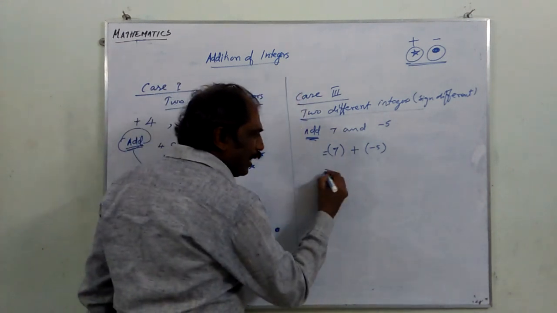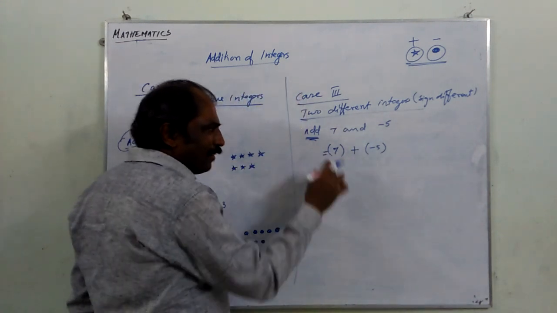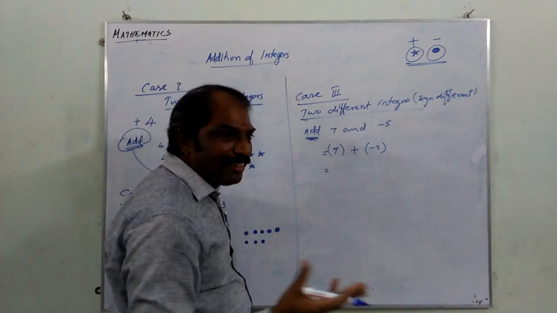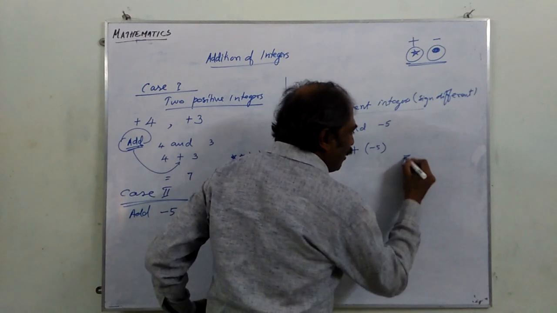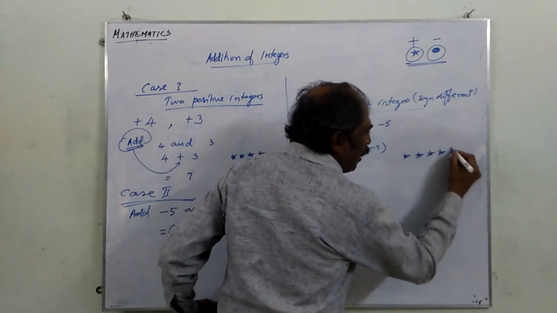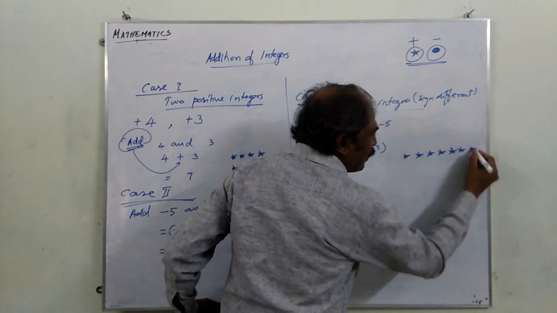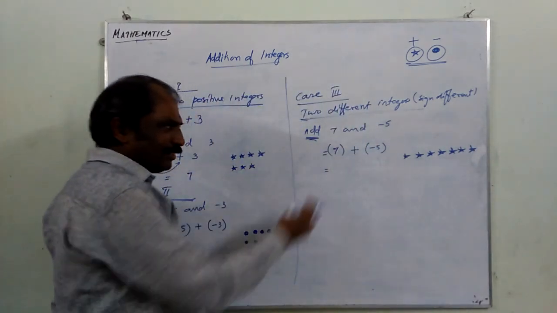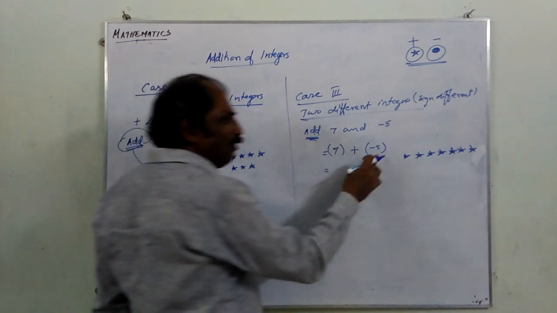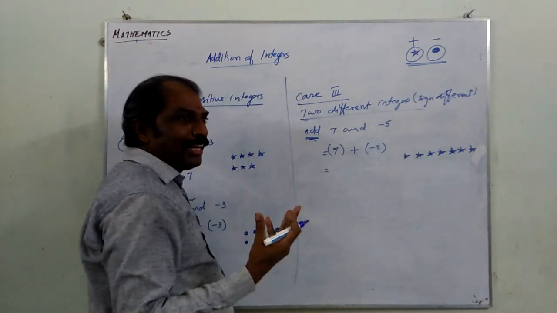Then when you add here, let us see 7. Is 7 represented by a star or dot? Correct, star. So 1, 2, 3, 4, 5, 6, 7. 7 stars. Then 5. 5 what?